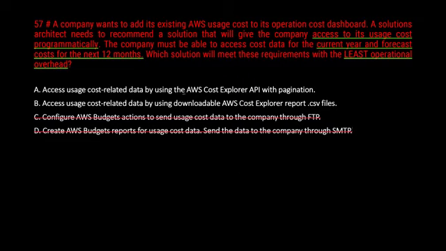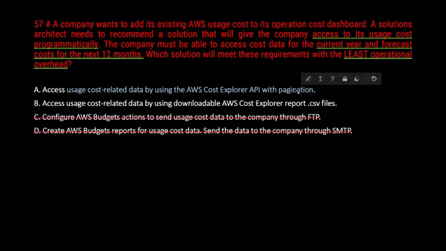Then we have both the places with Cost Explorer. Here it is talking about using the Cost Explorer API with pagination. Here it is talking about using a downloadable AWS Cost Explorer report.csv. If you look at this, least operational overhead, they want to give it programmatically. Whenever it talks about programmatically, having API access with pagination makes sense. Why?